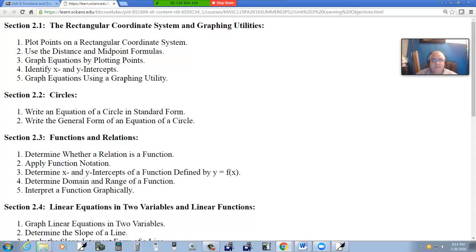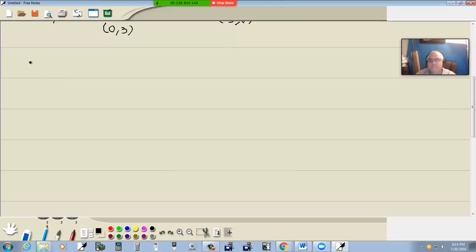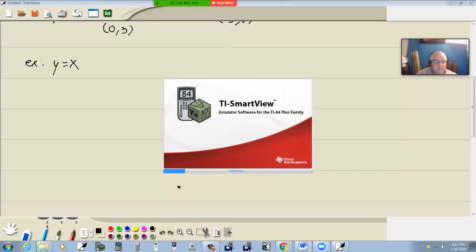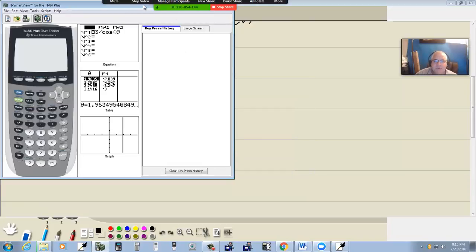Now graph the equations using a graphing utility. So let's talk about this. If I want to graph y is equal to x, and I'll have a full YouTube video of this out here, so I'm just going to do a couple of them.